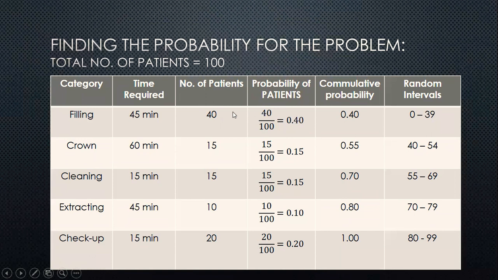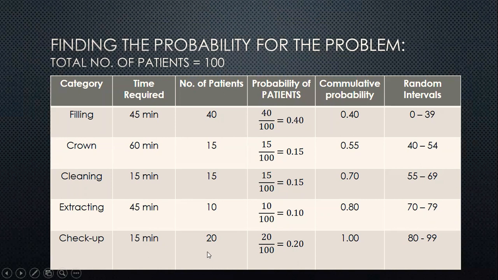Crown probability is 0.15, cleaning probability is 0.15, extracting probability is 0.10, and checkup probability is 0.20 because the number of patients for this is 20.